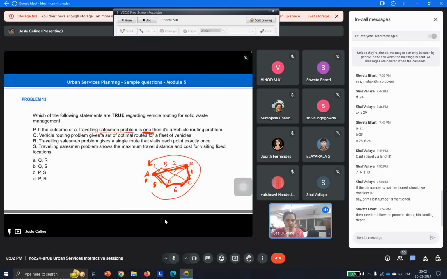Now, if that value works out to 1, that doesn't mean it's a vehicle routing problem. It can be a time, like within 1 hour you need to travel. But just because the outcome is 1, it doesn't. So this one is a wrong statement. It's not correct.